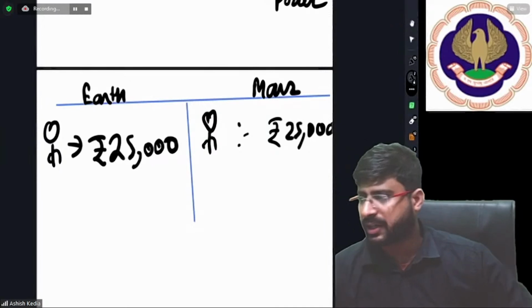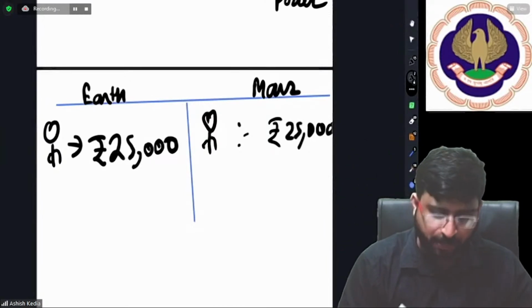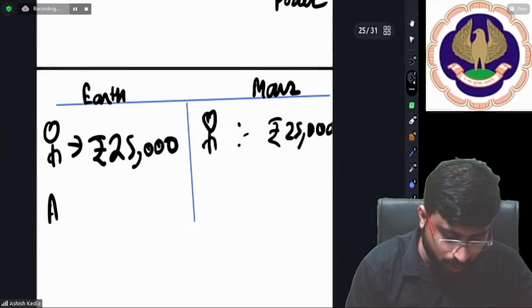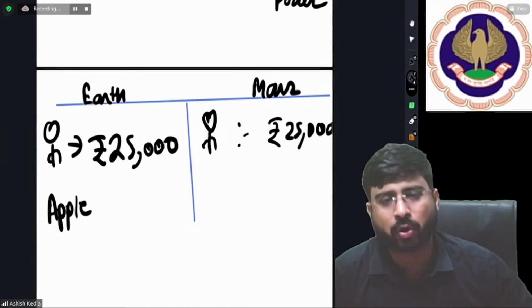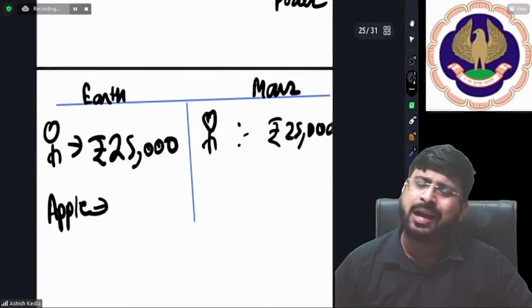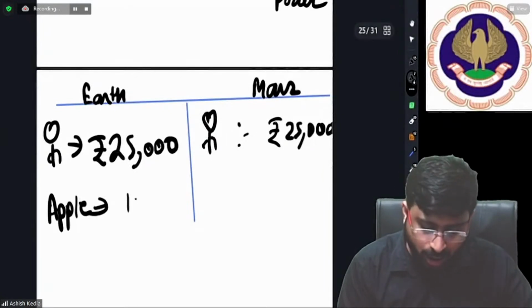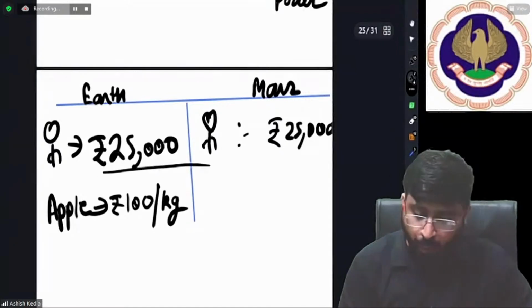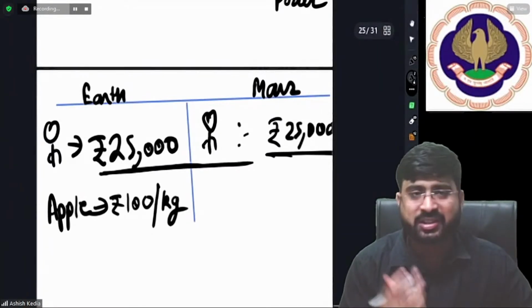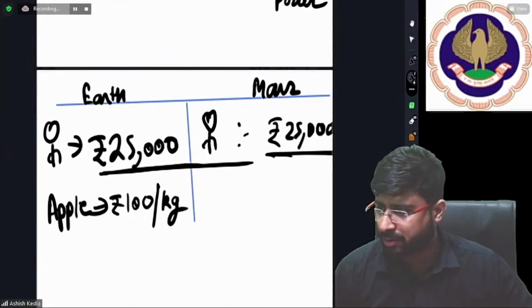Now please pay attention, everyone. Let's say apple costs on Earth 100 rupees per kg. See, both of them have the same nominal income, that is the income in hand.